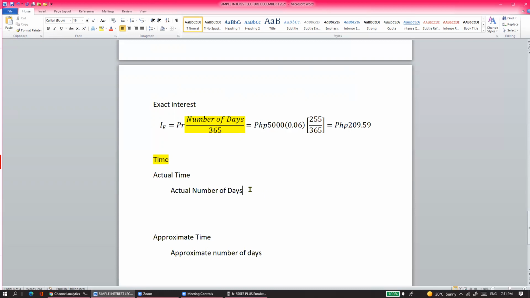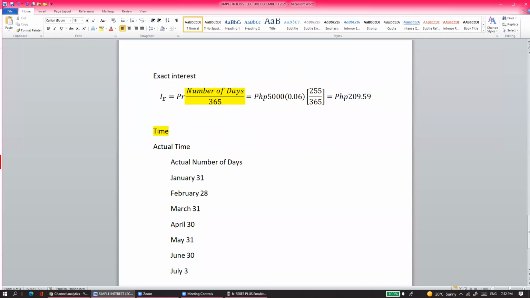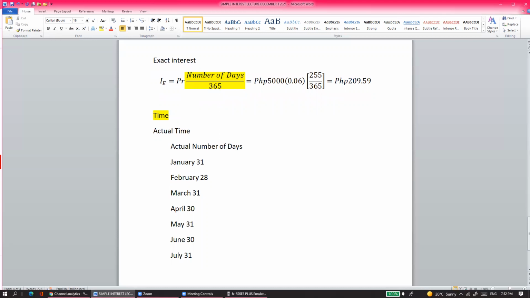Okay? So when the actual number of days is asked, remember, anak, that we are counting time between 2 days. Always remember that January has 31 days, February has 28 days. And then March has 31, April has 30, May has 31, June has 30, July has 31. There are always two consecutive months that both have 31. That is July and August, consecutive months with 31 days each.